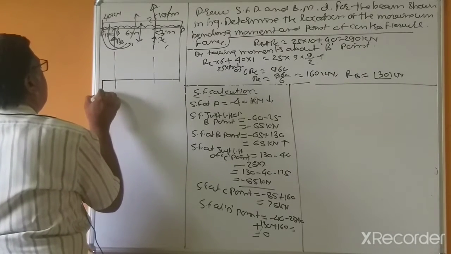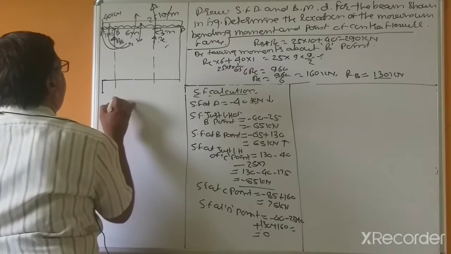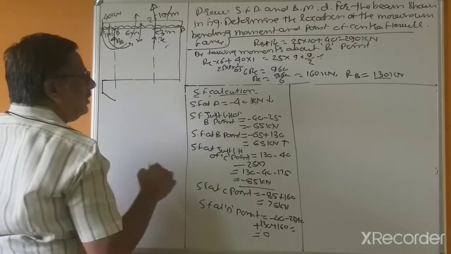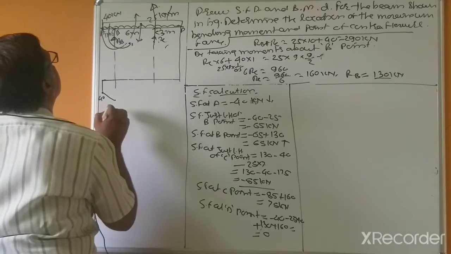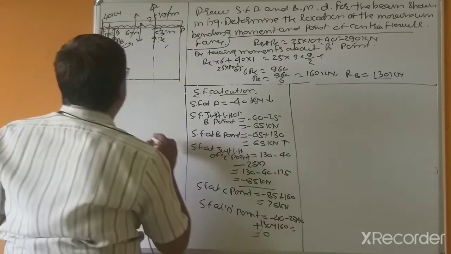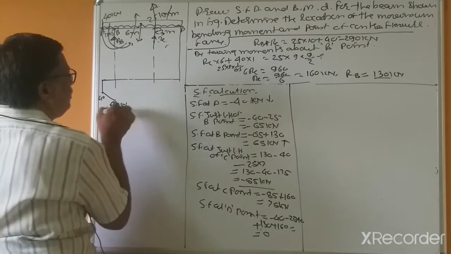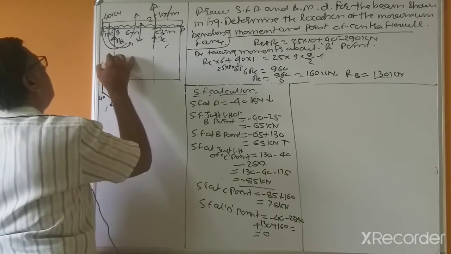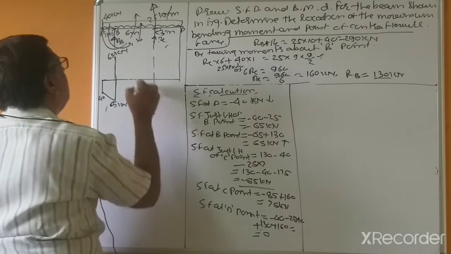Minus 40 kilonewton. Suppose this is minus 40. Again 25 kilonewton downwards, 65 kilonewton up. Only 65 kilonewton here, upward force again 65 kilonewton, downward force here 85 kilonewton.